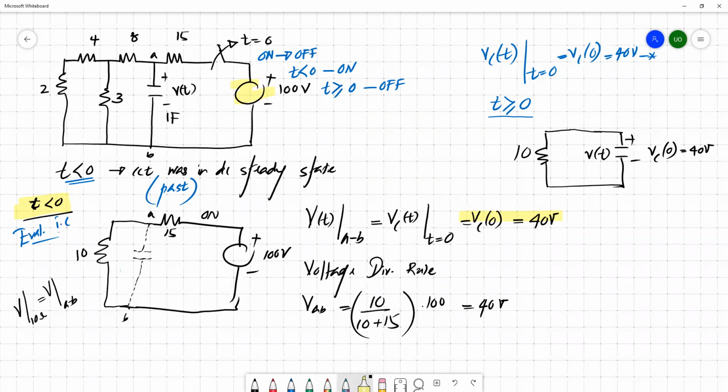So the circuit is something like this. The rest of the circuit is simply isolated from this 15 ohm resistor and this source because this is open, so there won't be any contribution from this 15 ohm. So your circuit is basically simplified to this.